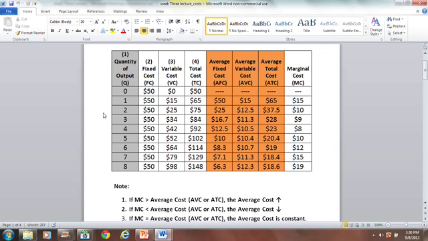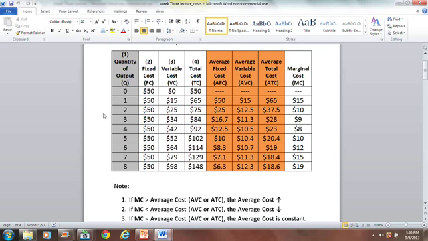And if you notice in the second column, the fixed cost, which would be the cost of machinery, is constant, is fixed. So the fixed costs are not changing as production of output changes. The variable cost column, column 3, represents labor costs. So if you have no production, presumably you have no workers, and so your variable cost would be 0.